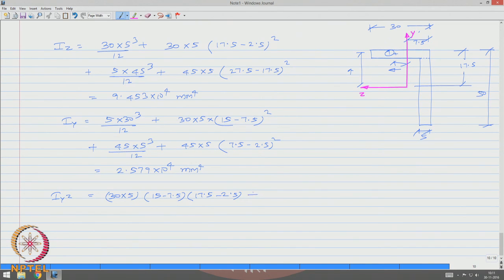That is for the top one, piece number 1, plus for piece number 2, 45 into 5 is the area, CG is somewhere here. I am looking for this distance, which is negative in z axis. So, I should say 7.5 minus 2.5, but negative. Similarly, I am looking for this distance, which is again negative on y, which is minus of 27.5 minus 17.5.